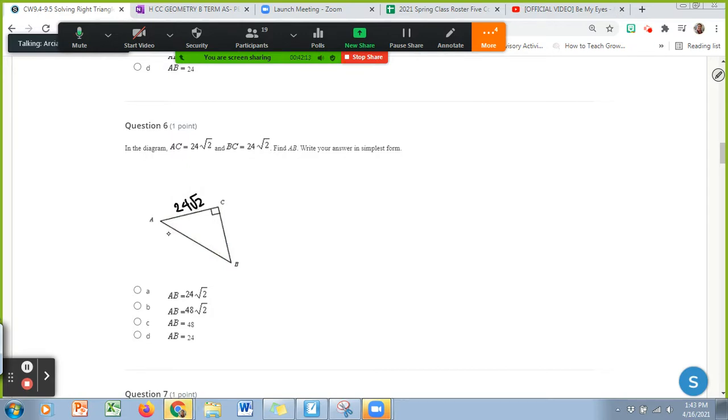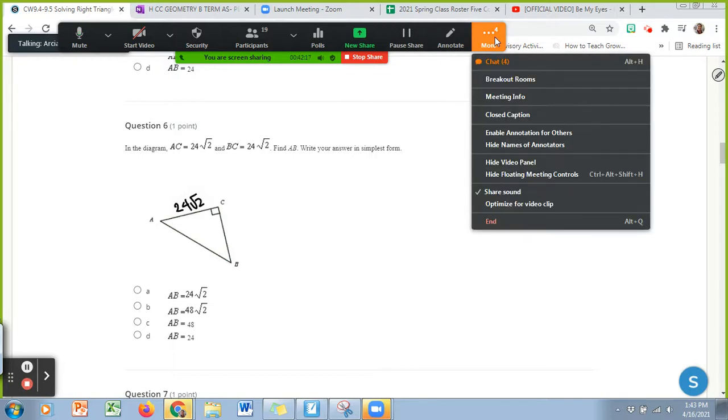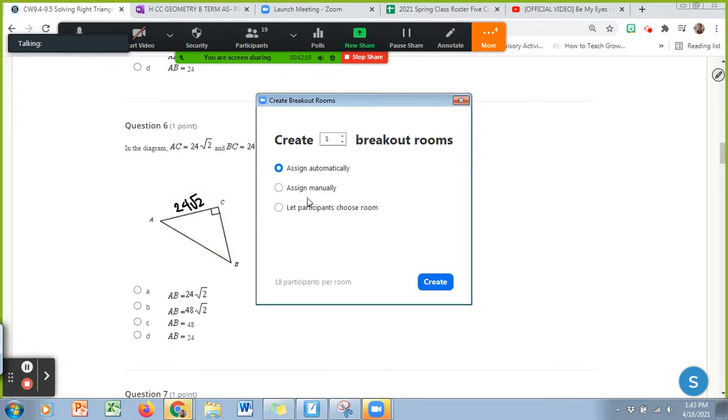Can we do breakout rooms? Okay, so far I have 2. Okay, so let participants choose the room. Okay, I'm going to open, I'll open 2.